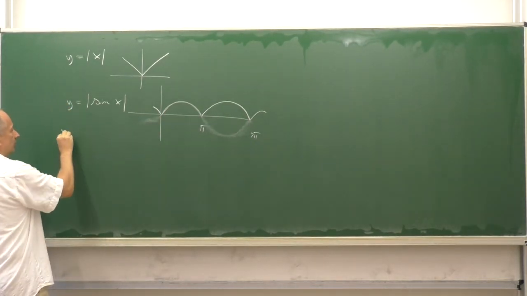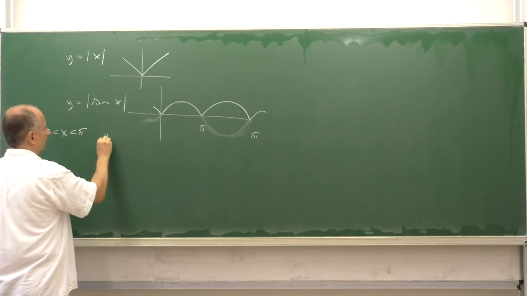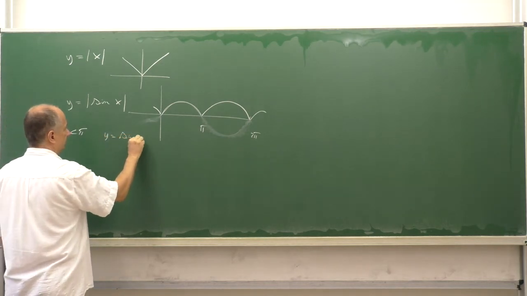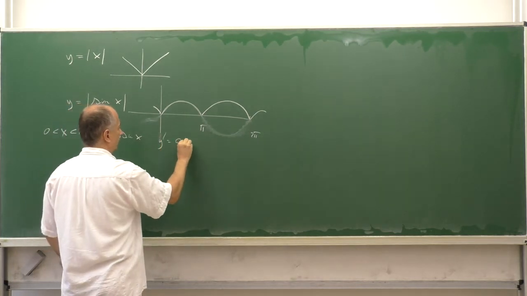So if we consider just x between 0 and pi, then y is sine, and the derivative is cosine.